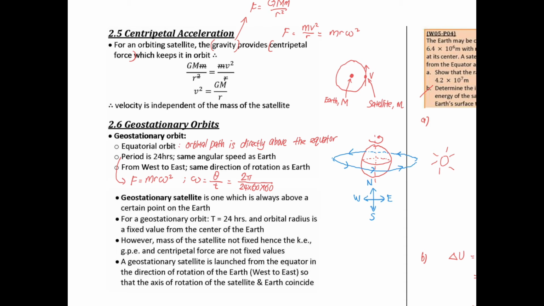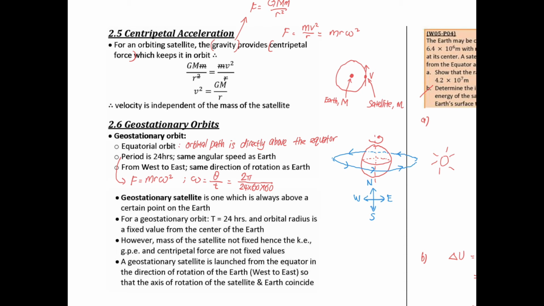Okay, now let's move on to the next part. The next part is geostationary satellite. A geostationary satellite is one which is always above a certain point on the Earth. So that is the satellite that I mentioned just now. It's always above Malaysia, for example.